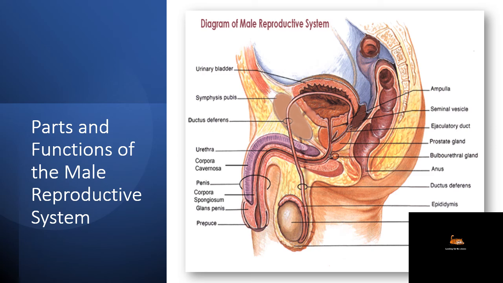We have the following. You have your penis, the urethra, the ductus deferens, your bulbourethral gland, your epididymis, then you have the testicles.